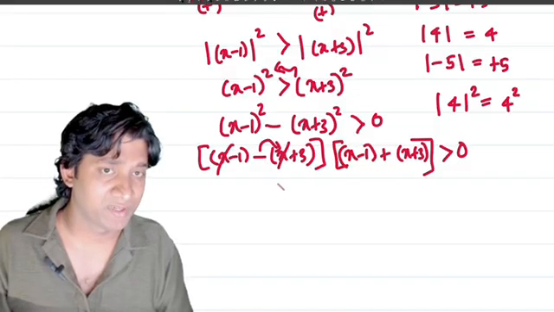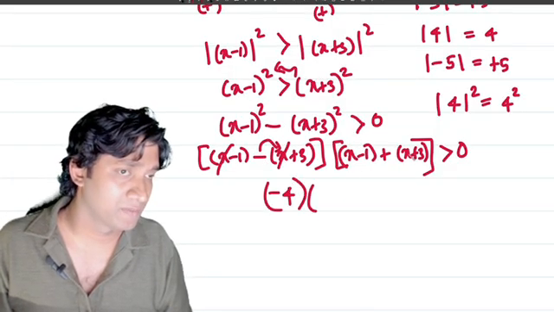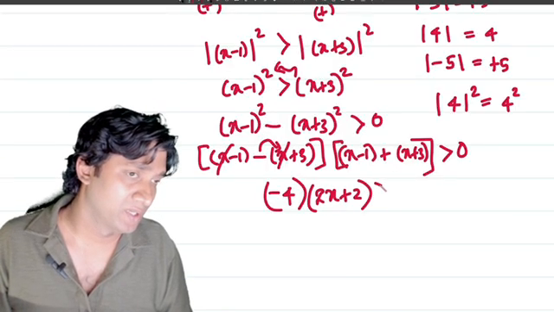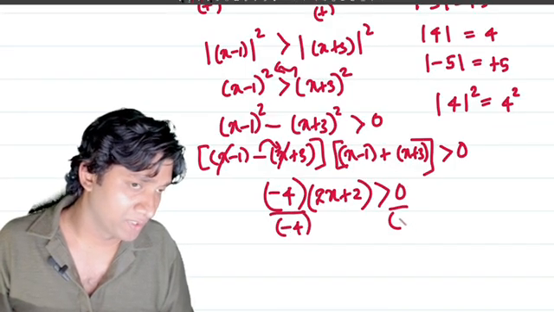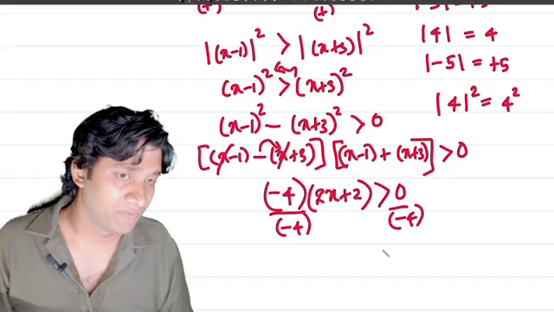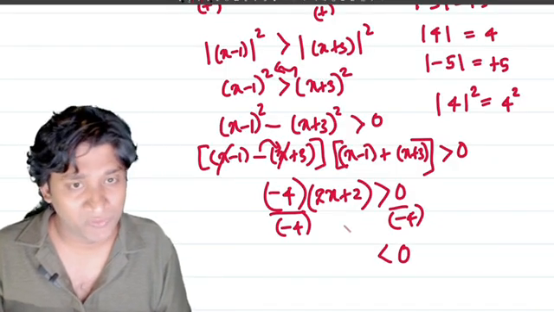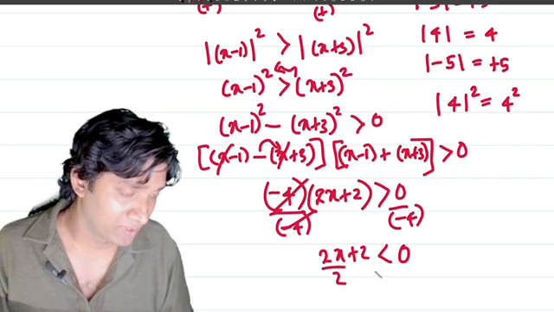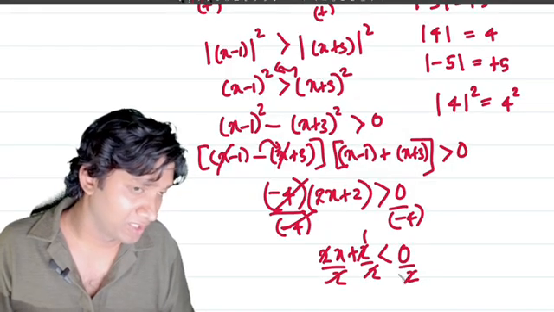Minus 1 minus 3 is minus 4, and x plus x is 2x, minus 1 plus 3 is plus 2. Then we can divide both sides by minus 4. We know that we have to change the sign of the inequality if we are dividing by a negative term. Then 2x plus 2, if you want you can divide both sides by 2. Then this is the last inequality.